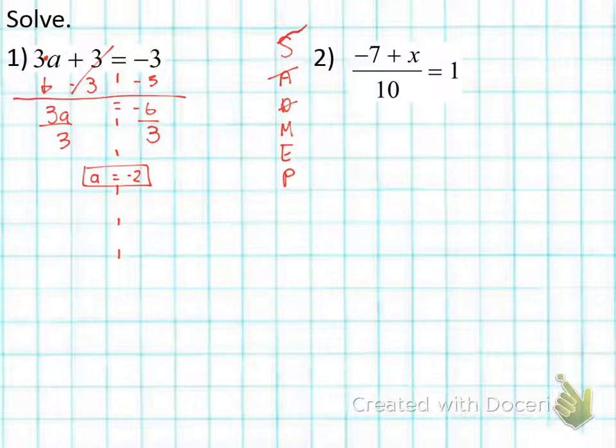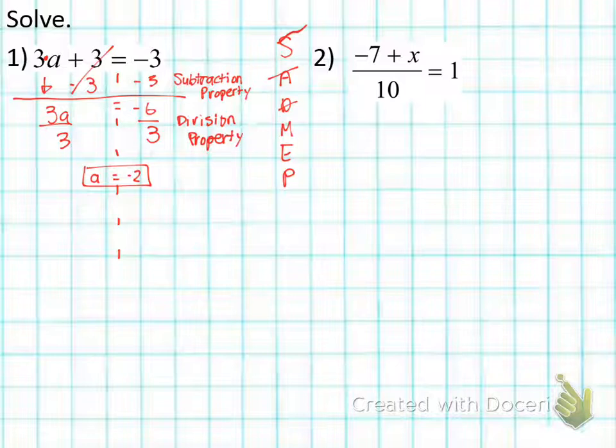When I subtracted 3 on both sides, it was the subtraction property of equality. You could just put subtraction property, that's fine. And when I divided both sides, I used the division property. That's number 1.